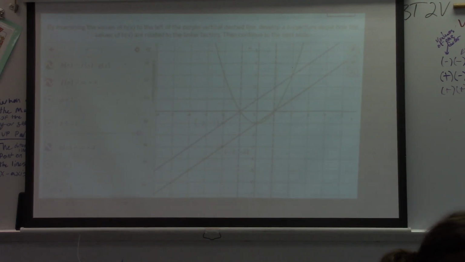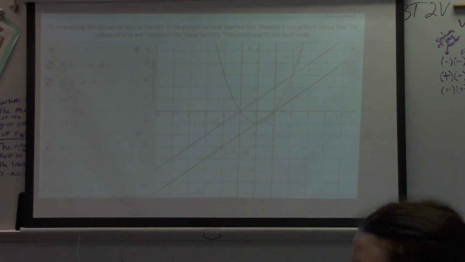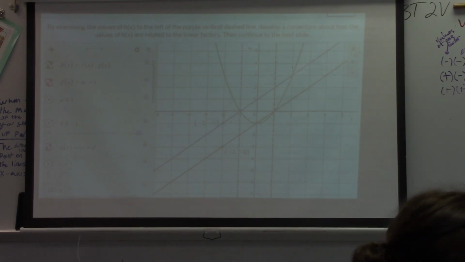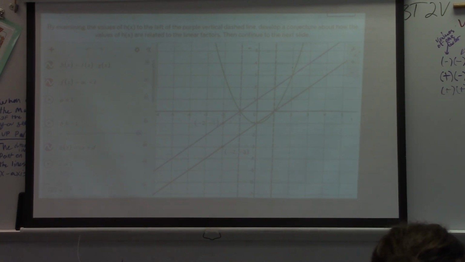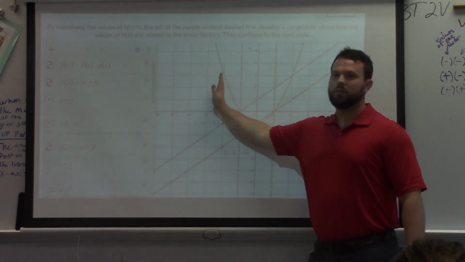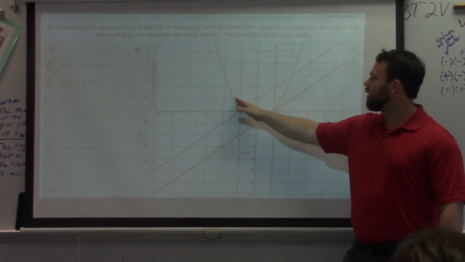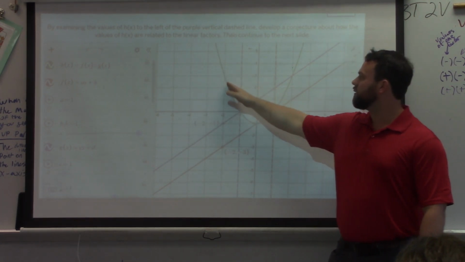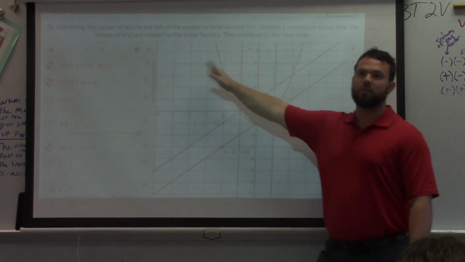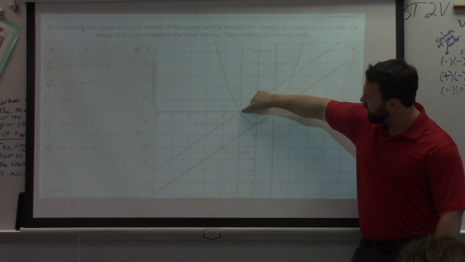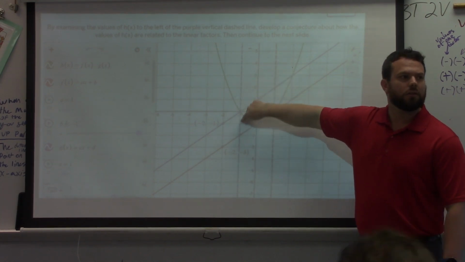So here's the conversation I started having with people. Looking to the left of this vertical dashed line, we need to recognize, at least for this function, the parabola, are those values positive or negative? They're positive. Just to the left of it, and by the way, why did I put a vertical dashed line right here?